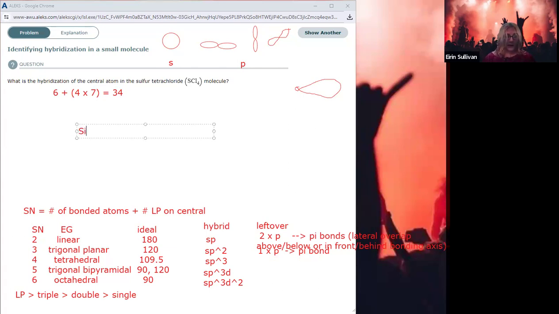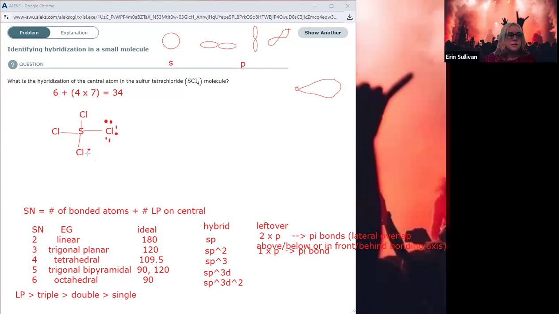So sulfur in the middle, chlorine around the outside, around the outside, around the outside. Join them up with single bonds and complete the lone pairs on the chlorine. See what we got. Bond, bond, bond, James Bond. So let's count up our valence electrons, see if we can get to 34.